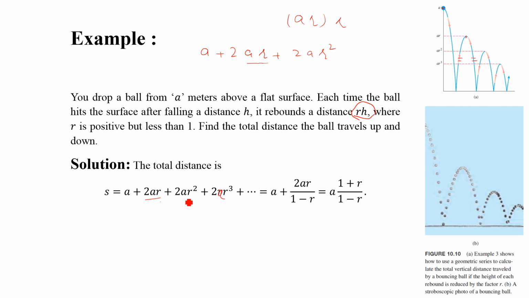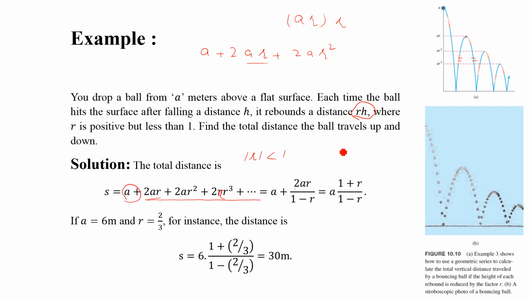So the next term is again the product of the previous term and r. So by assuming this is a series and by isolating this a, we have a plus the sum of this series. Since r is less than 1, the sum of this series is the first term divided by 1 minus r. So the first term is 2ar divided by 1 minus r, which is equal to, by some manipulations, this result.